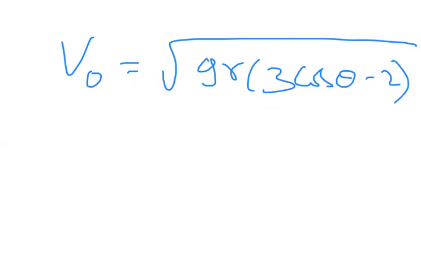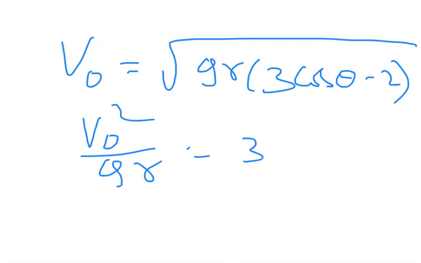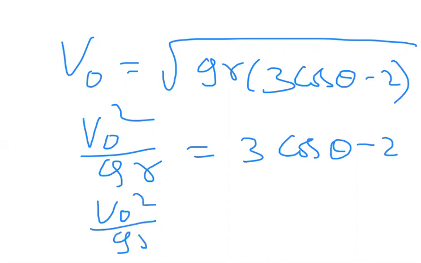So we got the v naught value here. Now I want the cos theta value. Sometimes they ask what is cos theta. v naught square by gr is equal to 3 cos theta minus 2. I can write it as v naught square by gr plus 2 is equal to 3 cos theta.